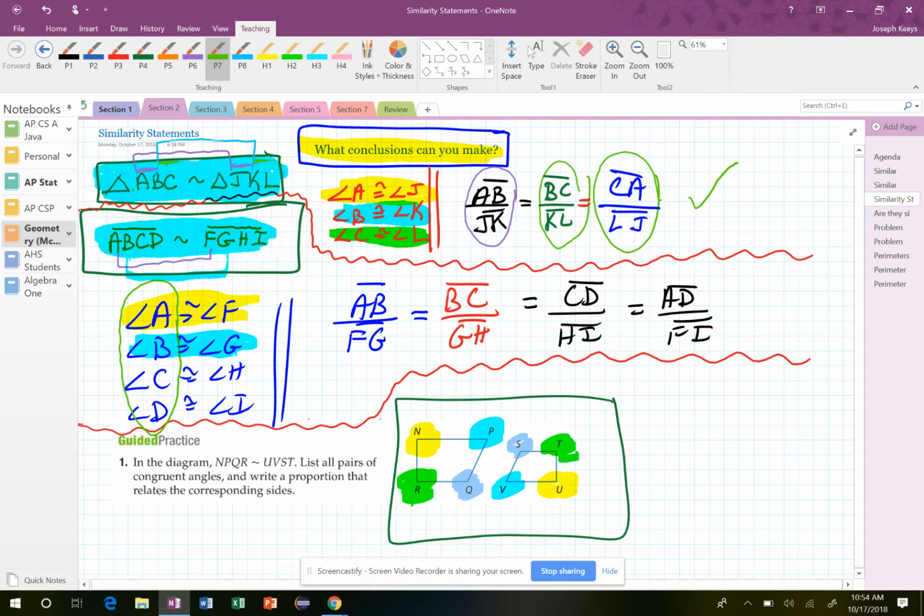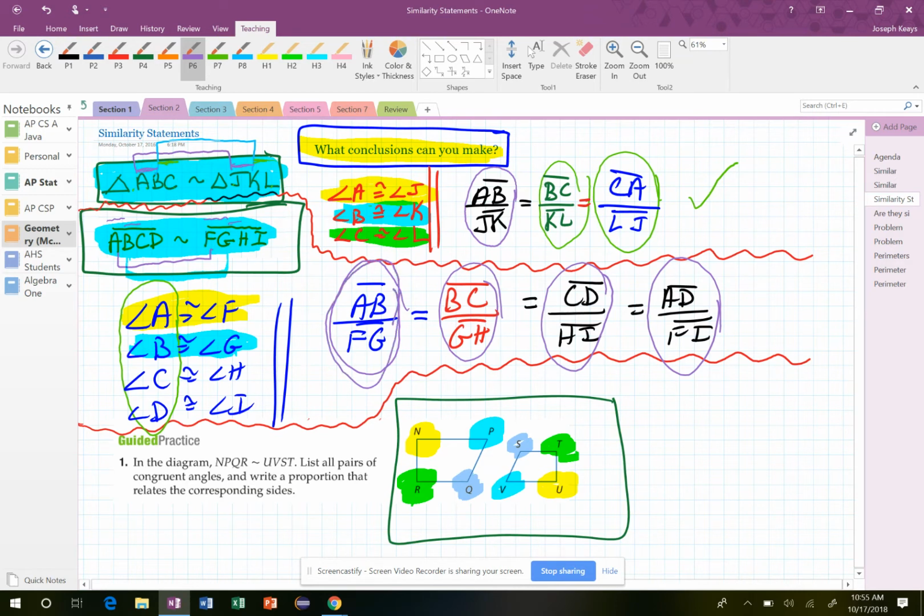The same is true for the sides, just like the previous example. Notice the first two letters over here are AB, and the first two letters over here are FG. So we write that as a ratio. That ratio is going to be congruent to the next two sides, BC and GH. And the same is true for the third set of sides and the fourth set of sides. All those sets of sides are called corresponding sides, and those corresponding sides are what we call proportional.